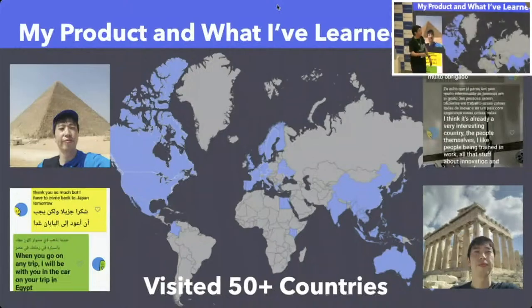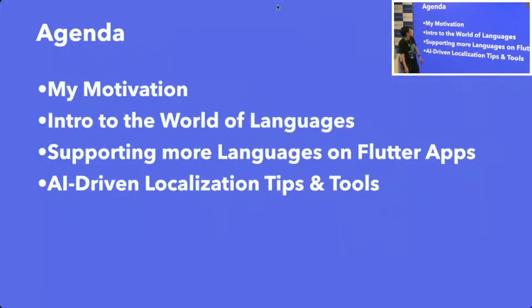And I'd like to introduce my background. I visited a lot of countries, and I experienced using this product to communicate with local people. So I gained a lot of knowledge from local people. And this is today's agenda. First, how I decided to start localizing our product for the world.